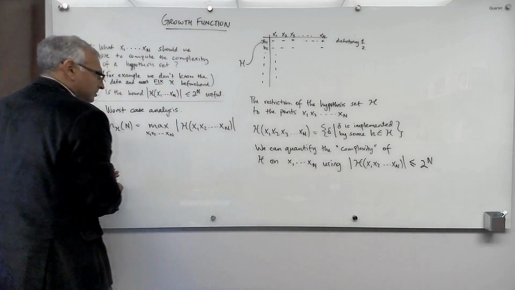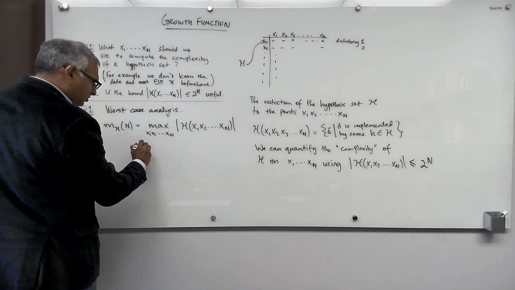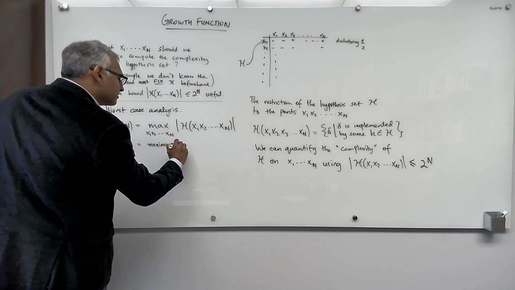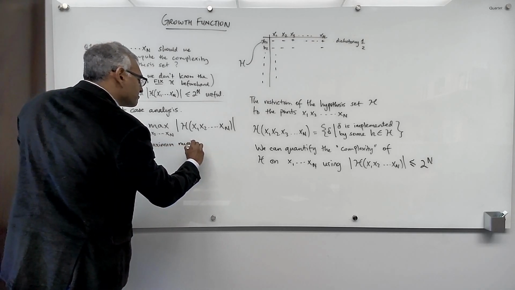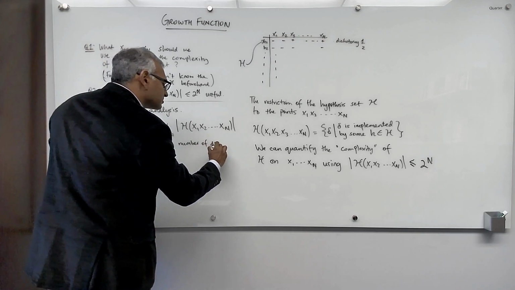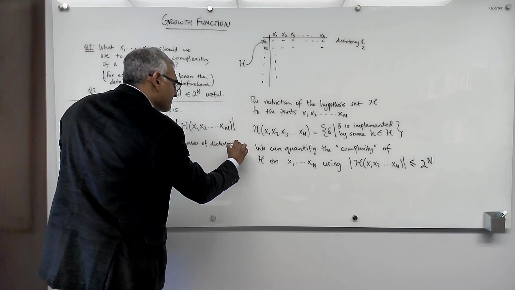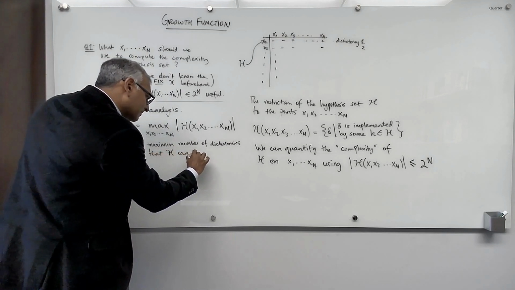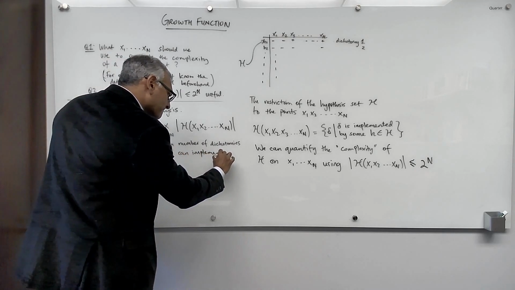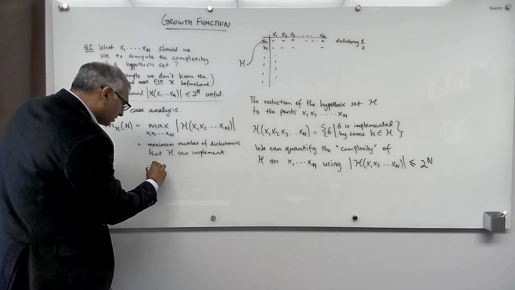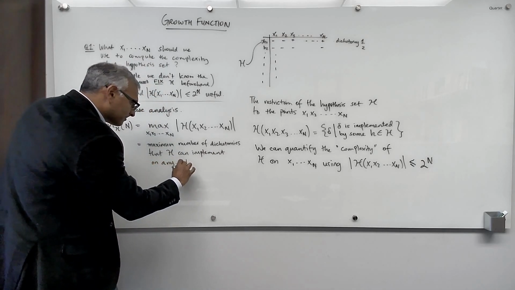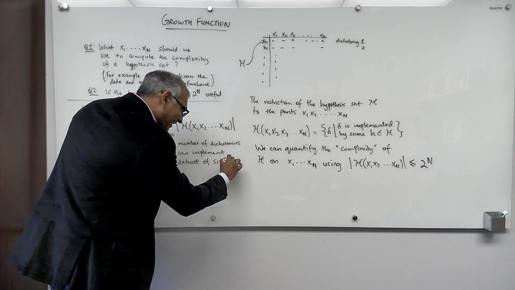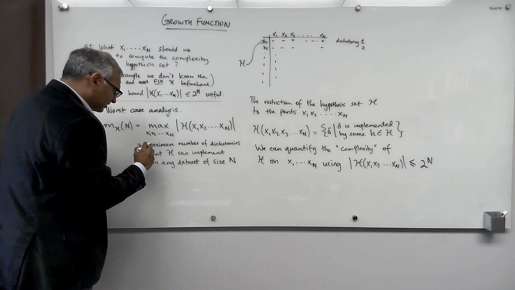So in words, this is equal to the maximum number of dichotomies that H can implement on any data set of size n. I'll underline the important words.